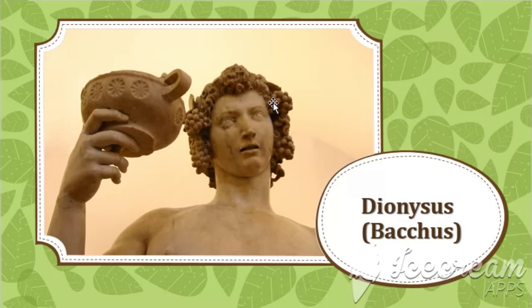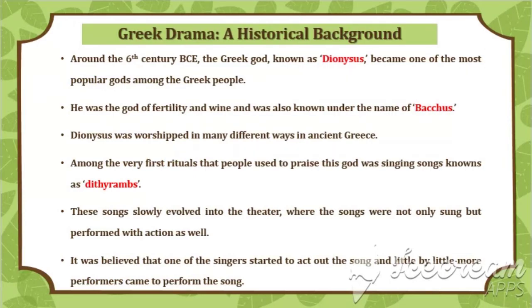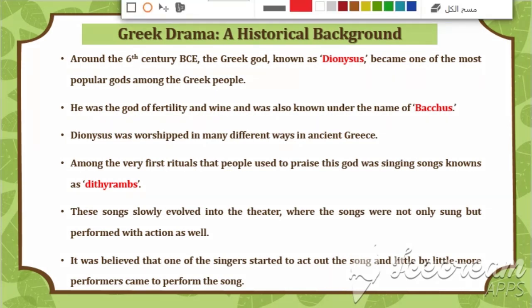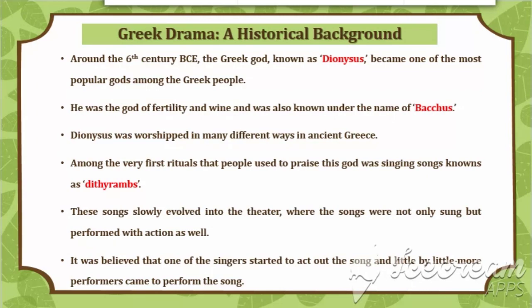He was the god of wine, fertility, and he was very much praised among the Greek people. So, with clarifying this ancient Greek god, let's start with Greek drama. Because of this Greek god, Dionysus, we are actually talking about the 6th century BCE.